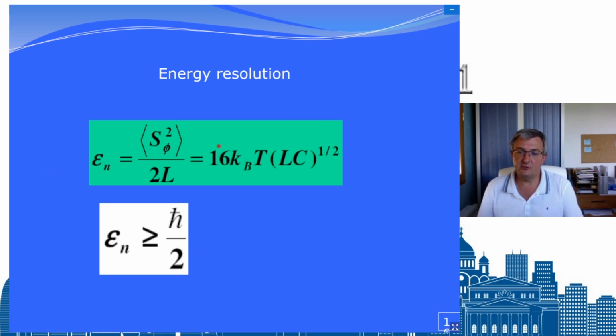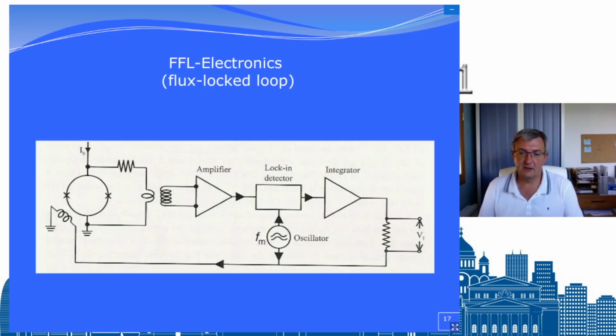You have a good energy resolution or magnetic field resolution if you have a low temperature, of course, but also the capacitance should be low and the inductance should be low enough. So you need to control these parameters. Those are the optimum parameters to design the SQUIDs.